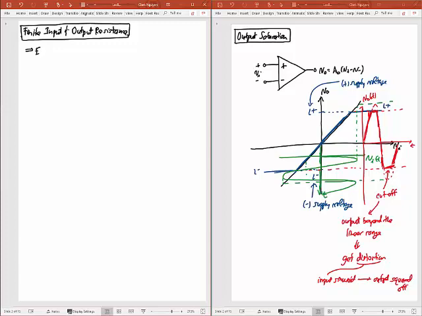So let's say this is the equivalent circuit for an op-amp with finite input resistance, output resistance, and let's just sneak in gain and bandwidth too.